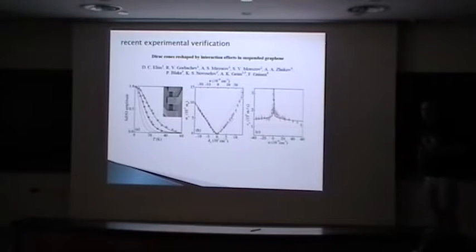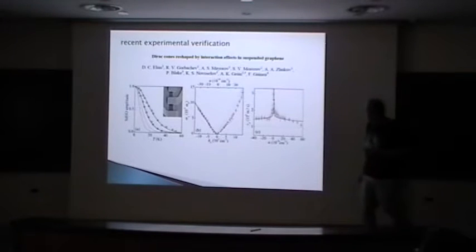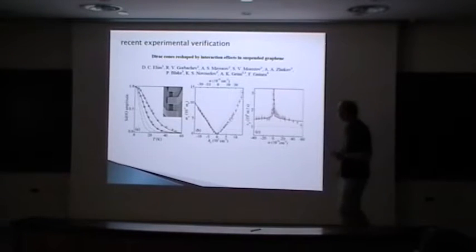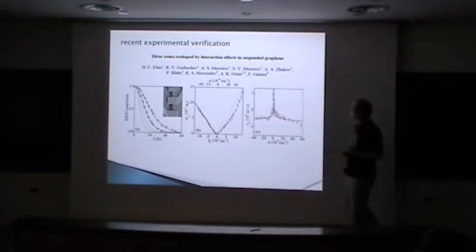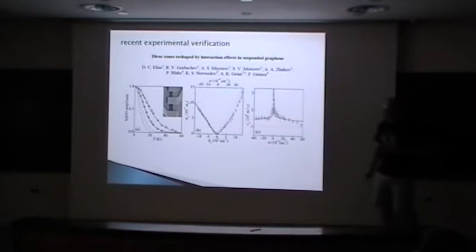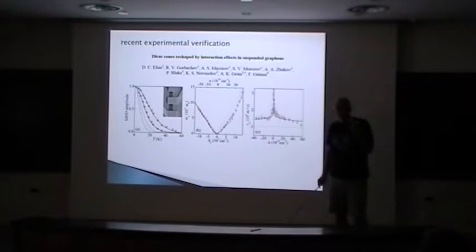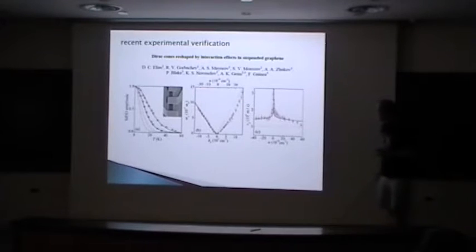This was so far all academic, up until just a few months ago, simply because there were no experiments that would see this velocity renormalization in the system. And maybe I can conclude this talk today by pointing out that there's a very nice work from, I think, this February, where the Shubnikov-de Haas oscillations were measured as a function of carrier density on very clean single-layer graphene that was suspended, so it wasn't affected by substrate doping, nor was it affected by impurities.